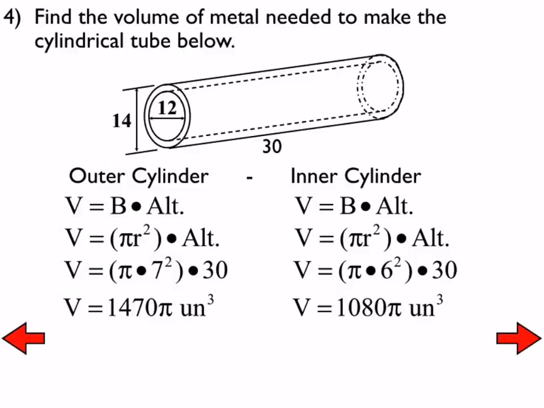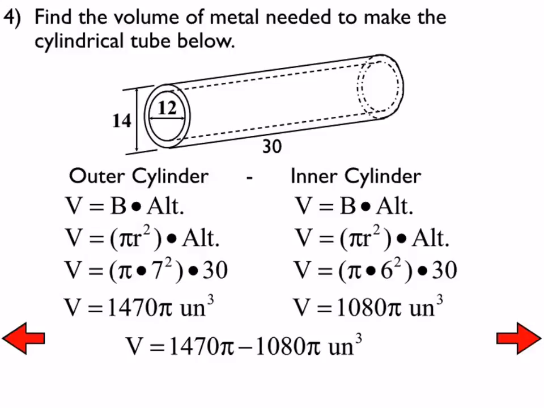So this was a cylinder with a volume of 1,470 pi, and cut out of it is a smaller cylinder with a volume of 1,080 pi in terms of pi. So that's exactly what we're going to do. We're going to take the outer one and take away the part that was cut out.